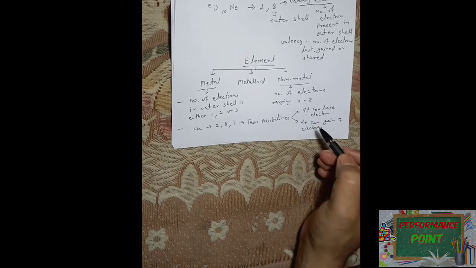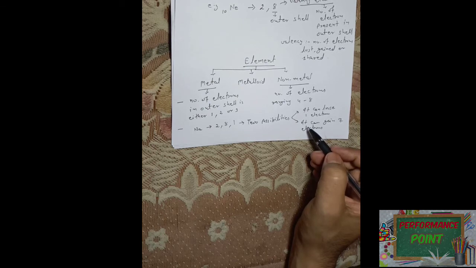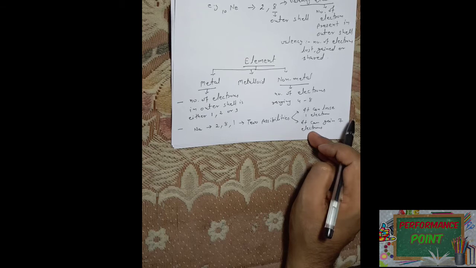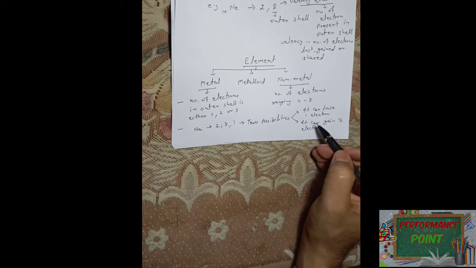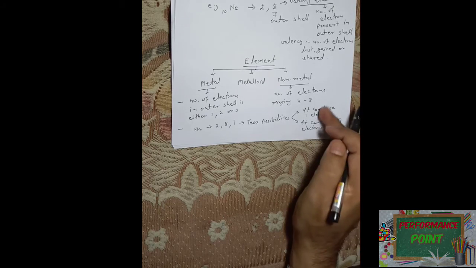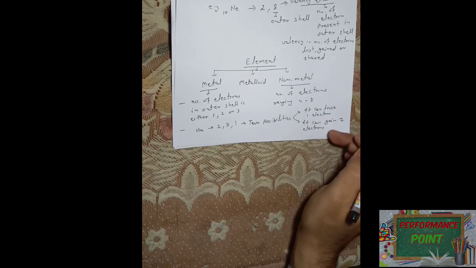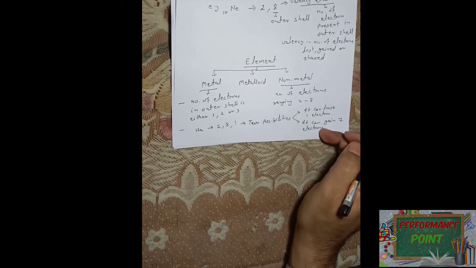Losing 1 electron, because in nature everything happens based on energy. If we think about energy, losing 1 electron is much easier than accepting 7 electrons, because for 7 electrons sodium has to make a lot of effort, and obviously it is not possible.